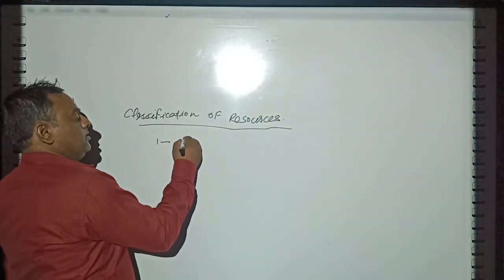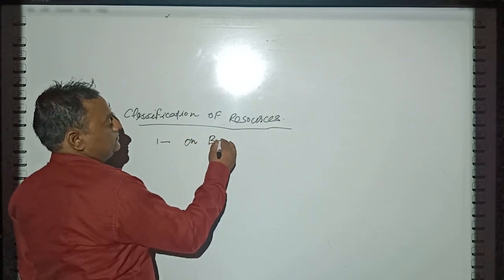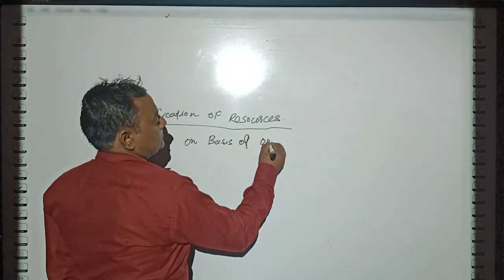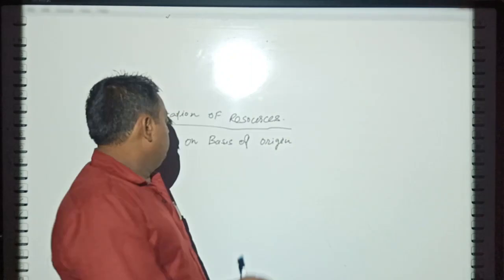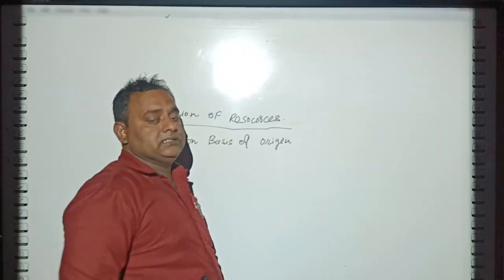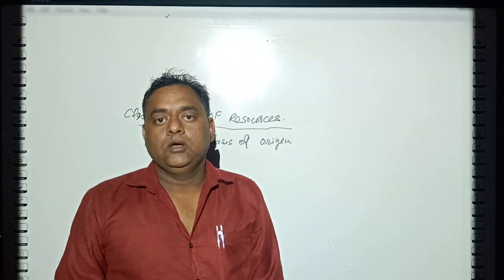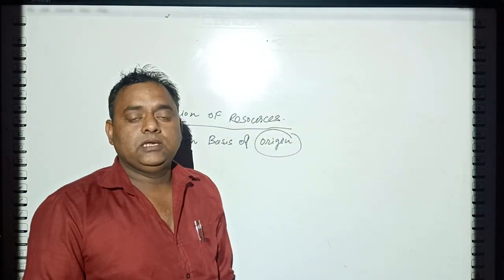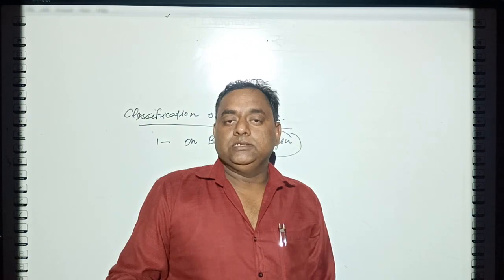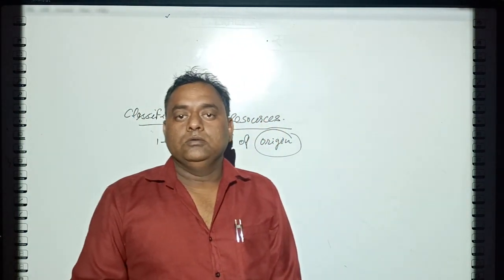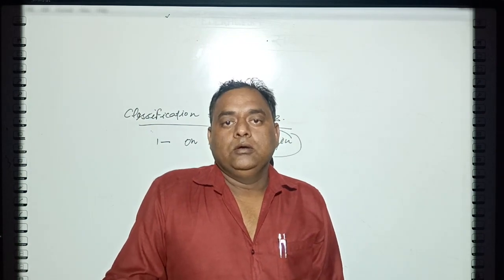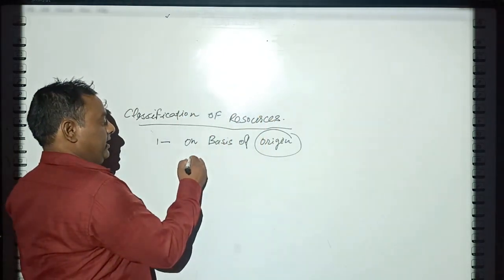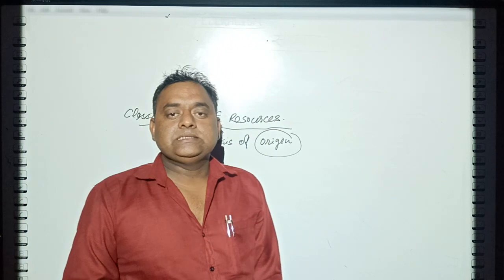First is on the basis of origin. Basis of origin means formation. On the basis of origin, we learn how a resource may be formed. It is divided into two parts.